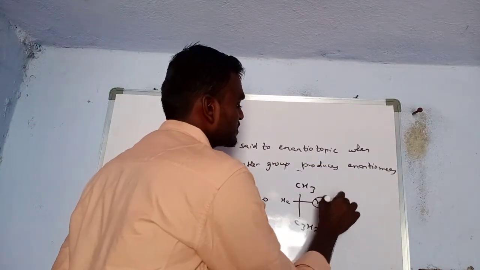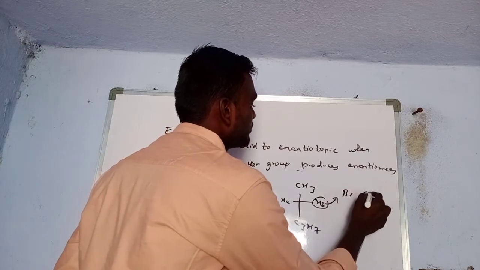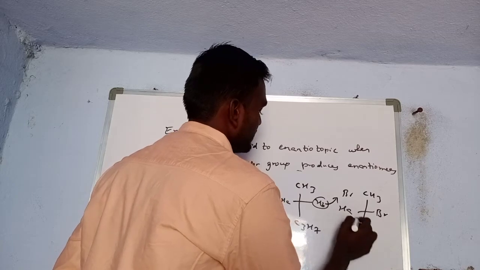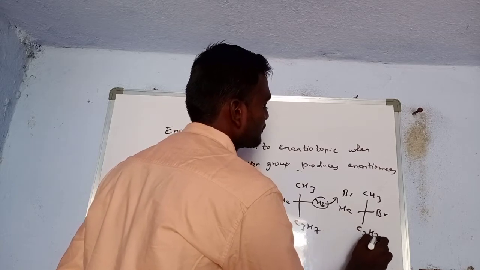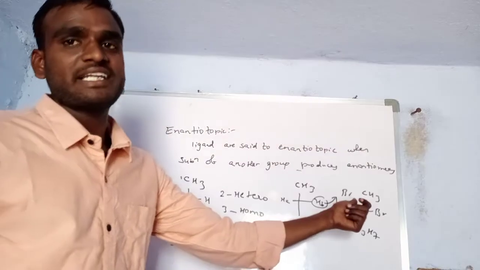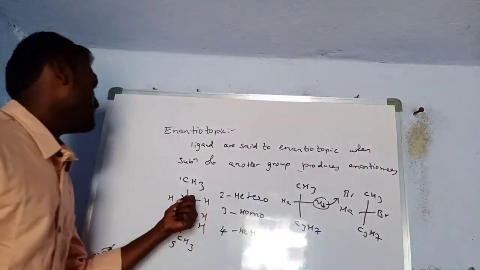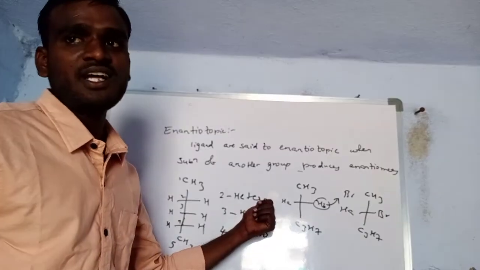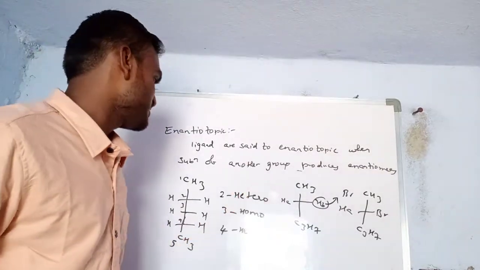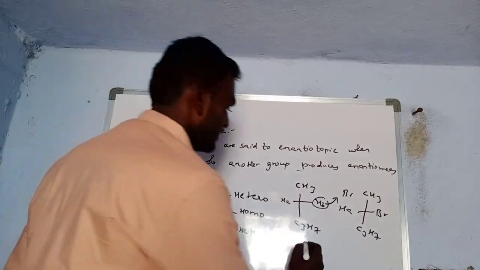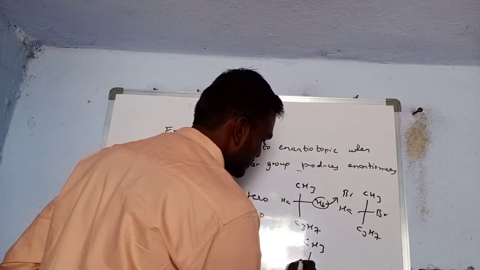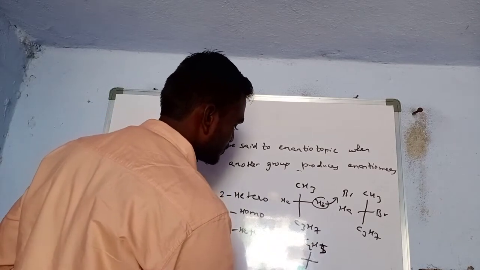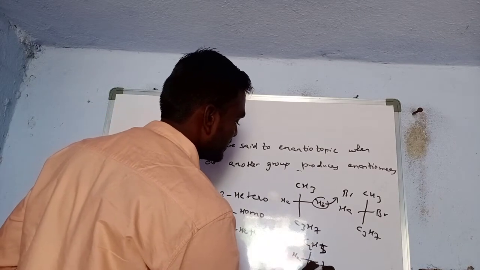Whenever we replace HB with one bromine atom, it will produce a chiral center. So the hydrogens present on the second position are the heterotopic ligands. In the same way, take the ligands on the third carbon, C2H5 and C2H5, here HA and HB.